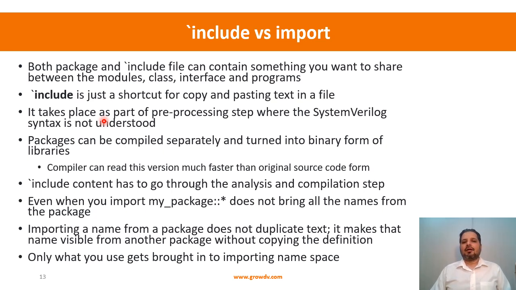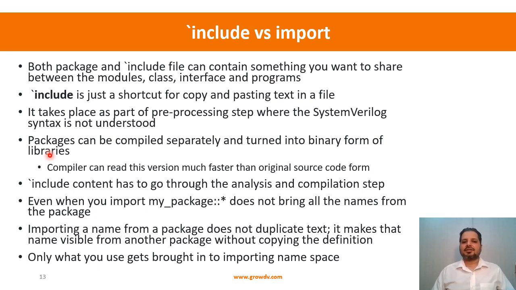And then packages can be compiled separately. Okay, so this is another important point from the package point of view. They can be compiled separately, and also they can be turned into a binary form of libraries. Okay, so when we do the UVM, we'll see that the entire reusable UVM package is pre-compiled in the form of a binary format.